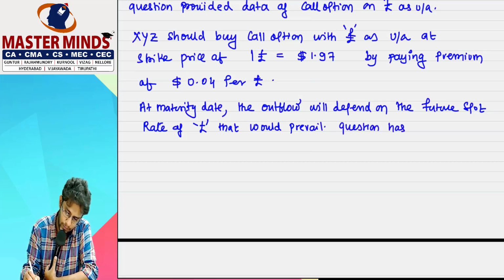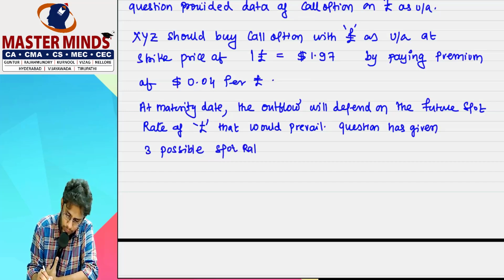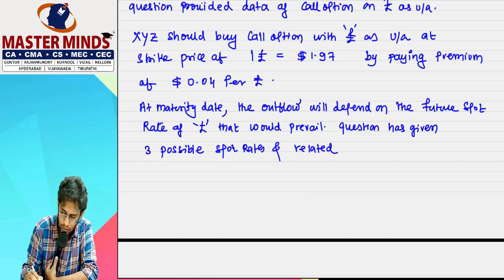The question has given three possible spot rates and related probabilities.